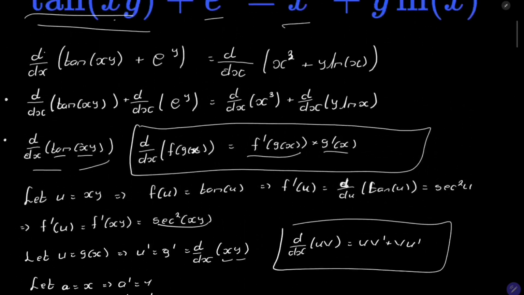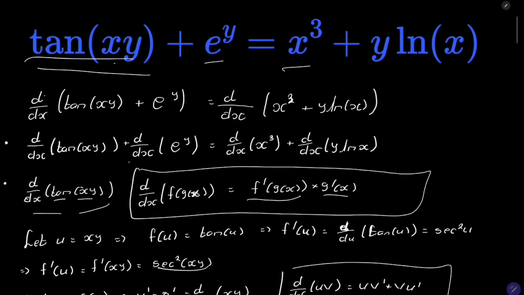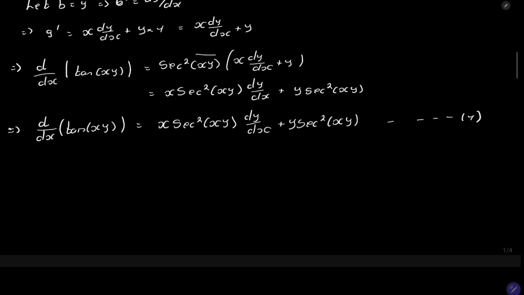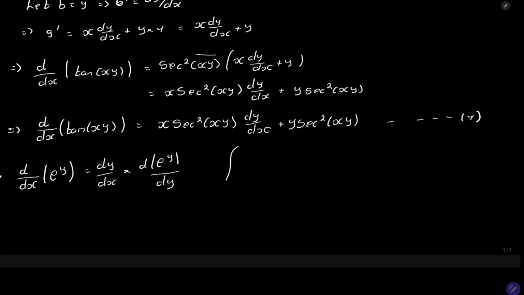So let's move on to our second term. What does our second term ask us to do? It asks us to differentiate the function e to the power y. The derivative with respect to x of the function e to the power y is the same thing as the derivative of y with respect to x times the derivative of our function e to the power y with respect to y.